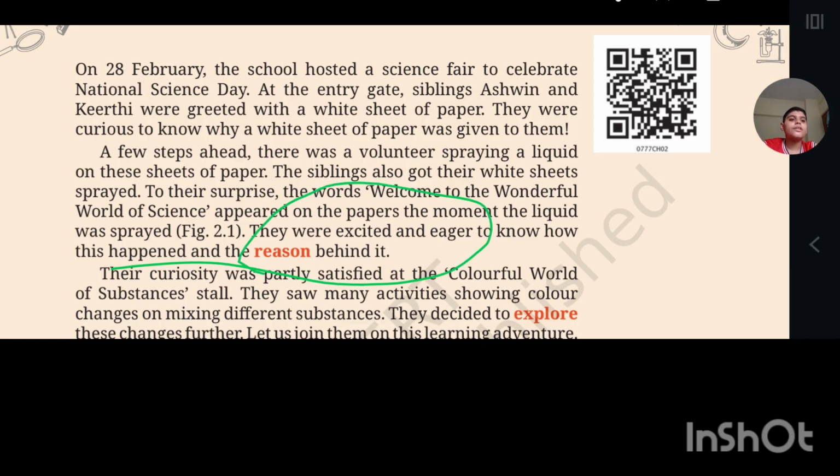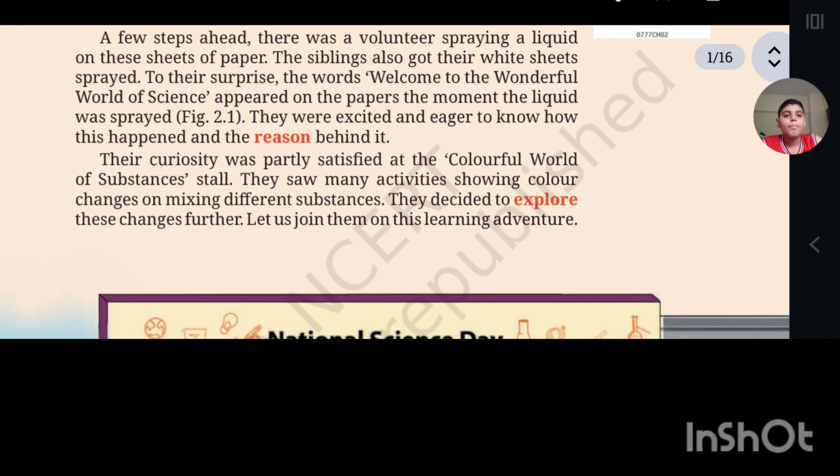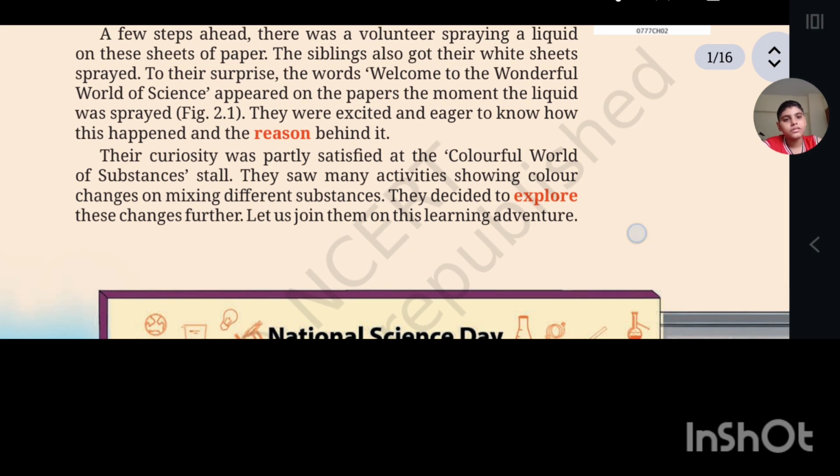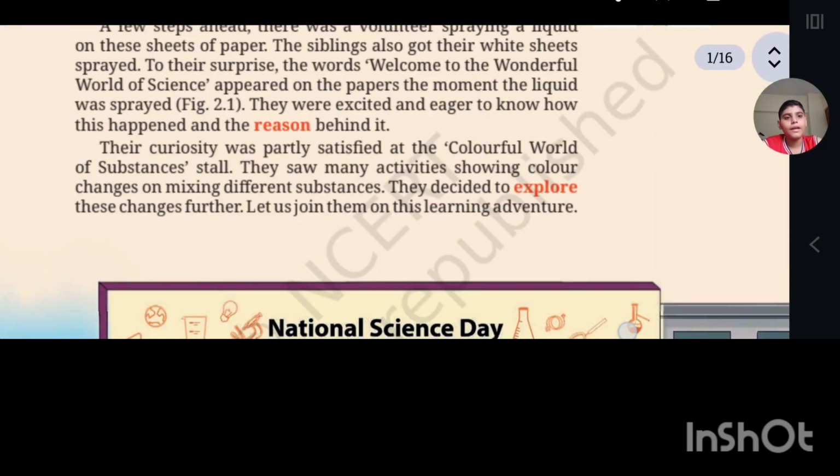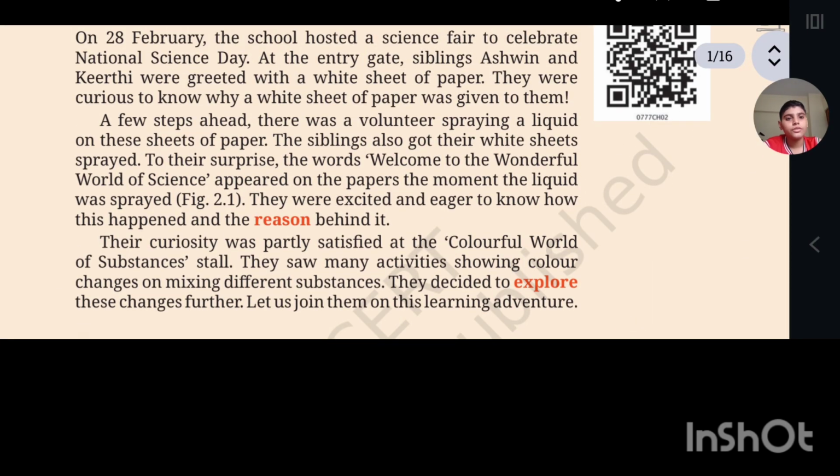Now, if you see magical things, magic shows, they depend on science. Many magicians do these types of tricks with us.